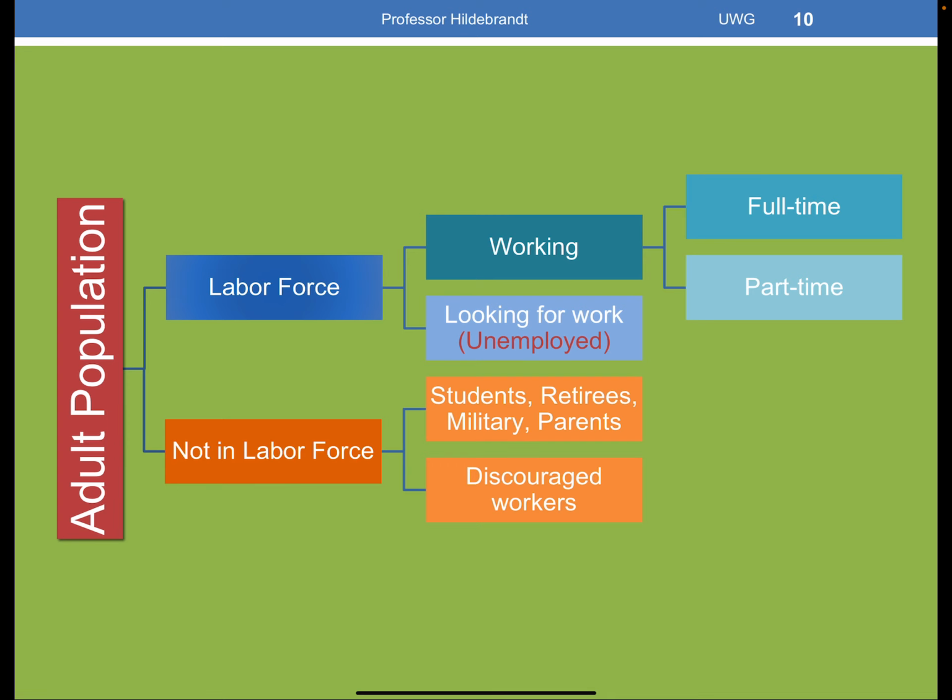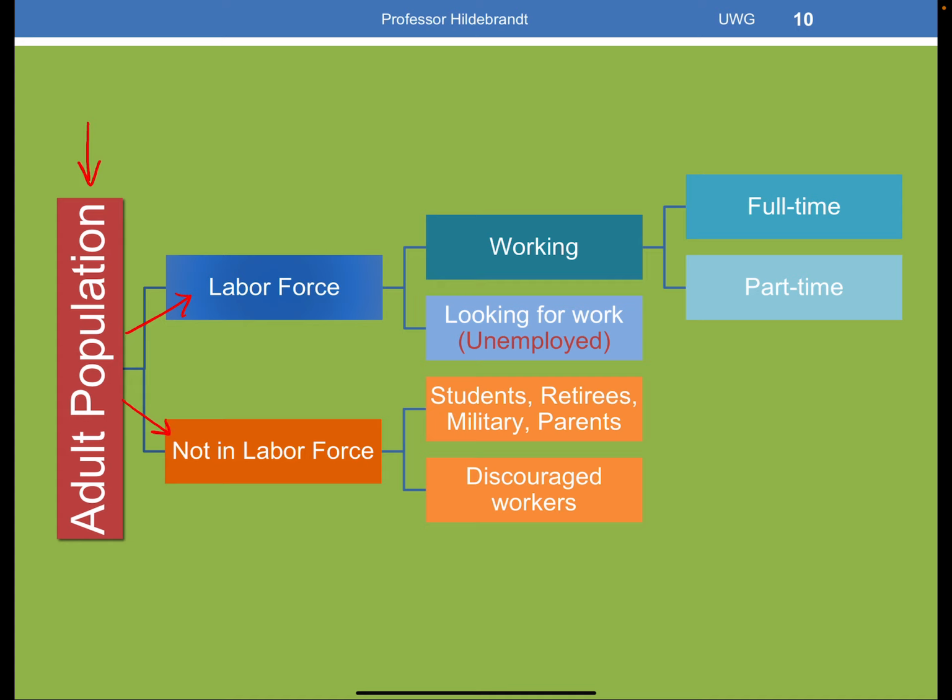So here's a little flow chart that I made to try to figure out how these groups all fit together. We start over in the red on the left-hand side of our screen with the entire adult population. Then we break the adult population into two groups, those who are in the labor force and those who are not.